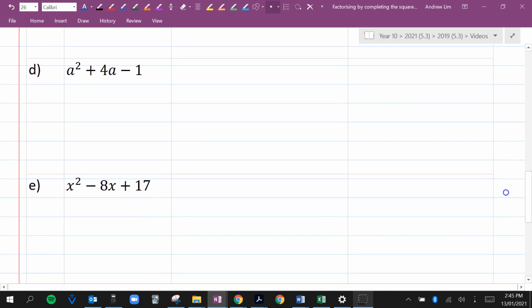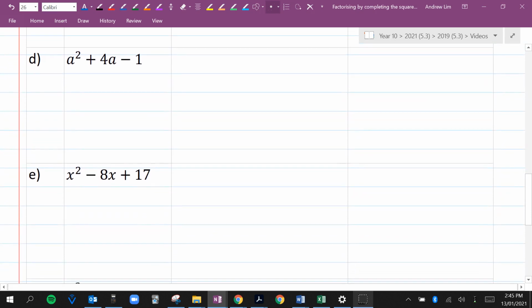Alright, pause the video, have a go with D and E. And when you're ready to check your answers, continue playing the video. Okay, so I'm going to take the first two terms, a squared plus 4a. Half of 4 is 2, 2 squared is 4, so plus 4 minus 4, minus 1.